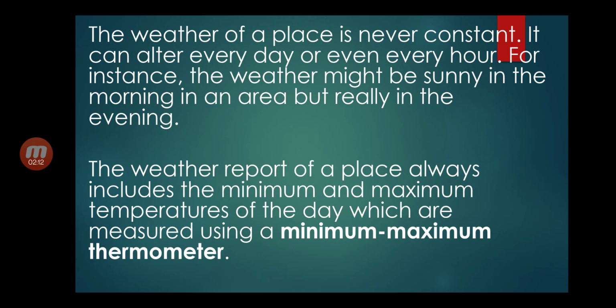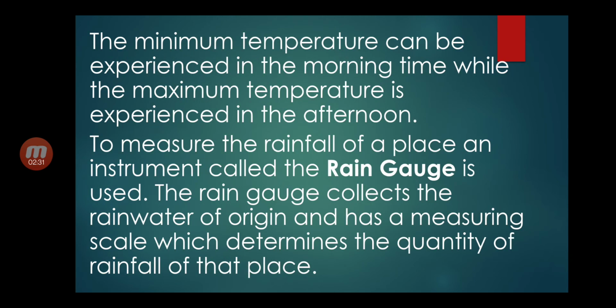The weather report of a place always includes the minimum and maximum temperatures of the day, which are measured using a minimum maximum thermometer. The minimum temperature is experienced in the morning while the maximum temperature is experienced in the afternoon.